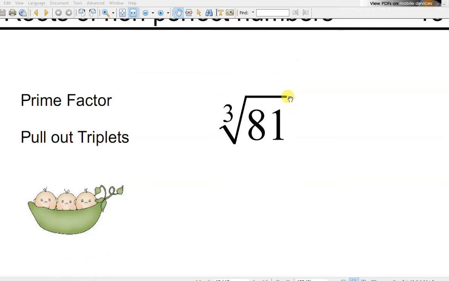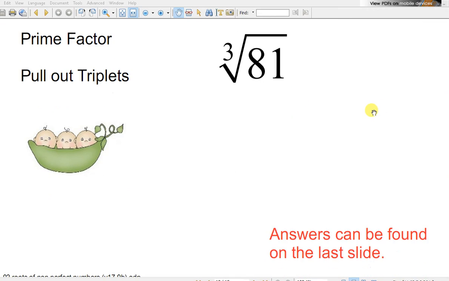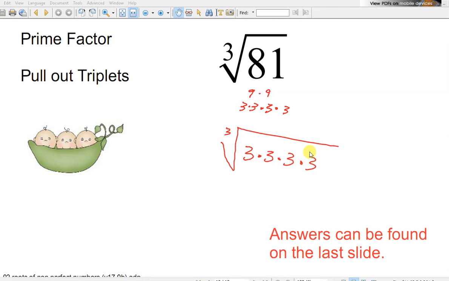Do another one. The cube root of 81. Okay. So we're not going to look for twins. Now we're going to look for triplets. So 81 is 9 times 9, which is 3 times 3 times 3 times 3. There it is, prime factored. We need to go find some triplets.